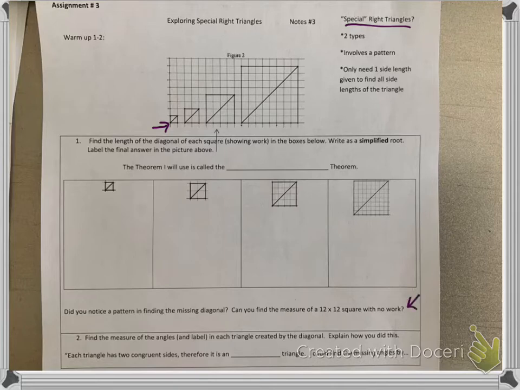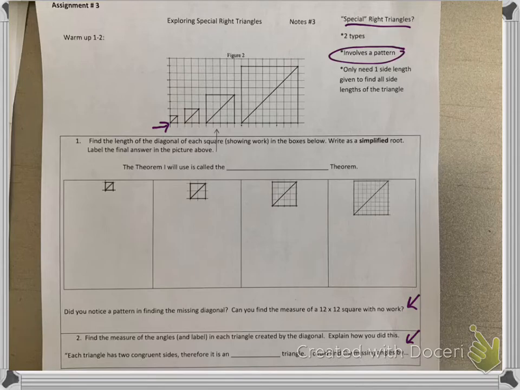So the goal is to find the measure of the diagonal of a 12 by 12 square without any work, noticing the pattern, and then we're going to find the angle measures in the second part using the triangle sum theorem. So essentially right now we're trying to explore the pattern that's involved in special right triangles.